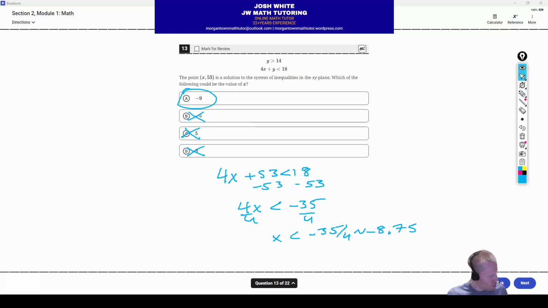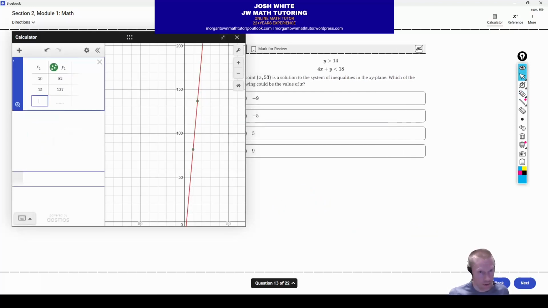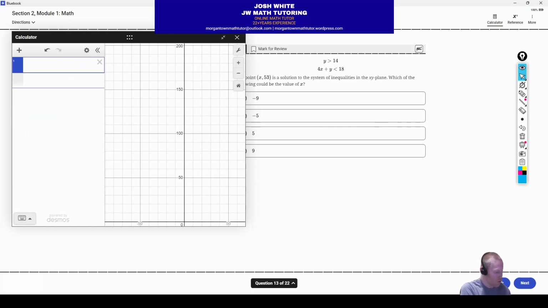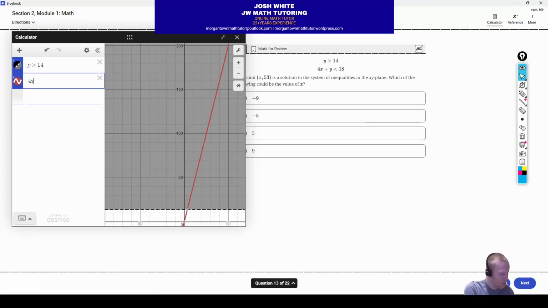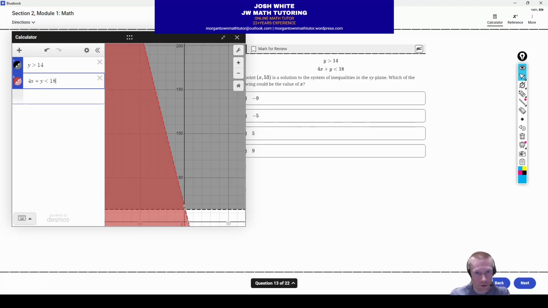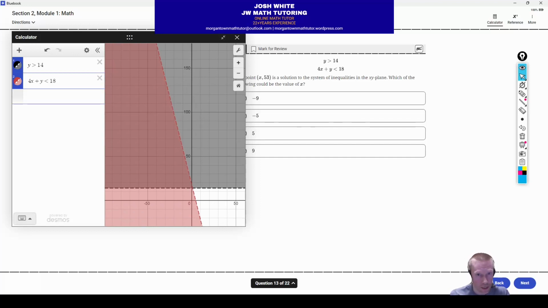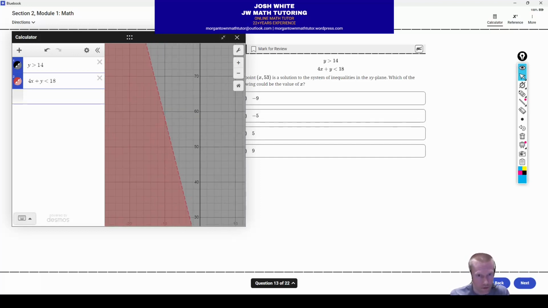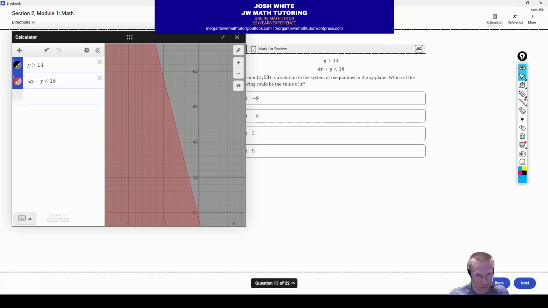Now, you could also do this problem in Desmos. So let's jump back there. Let us graph both inequalities. Y is greater than 14. There we go. 4x plus y less than 18. All right. So x comma 53. Okay, so 53 is going to be somewhere around here.